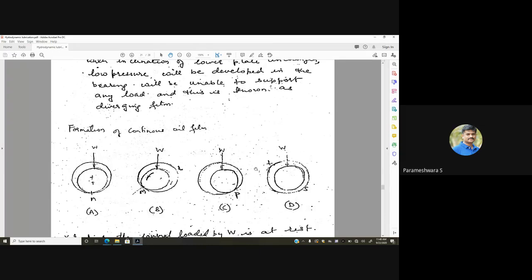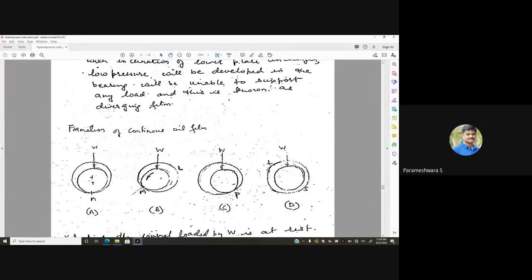With a further increase in the speed of the journal, some hydrodynamic action is created, and that action is sufficient to lift the journal from contact with the bearing block.